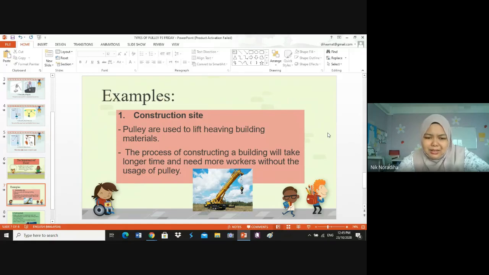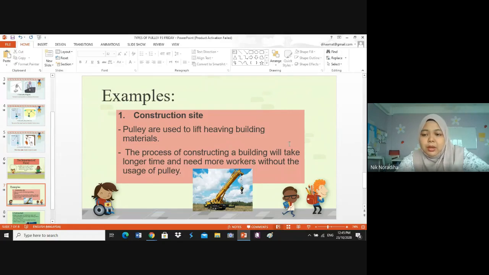So what if the pulley was not used in the construction site? What if there's no pulley? What if there's no crane? So here, the process of constructing a building will take longer time, and also they need more and more workers.